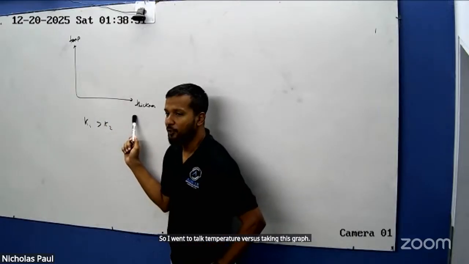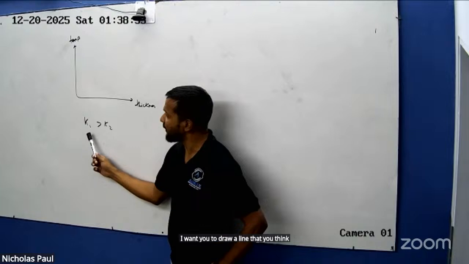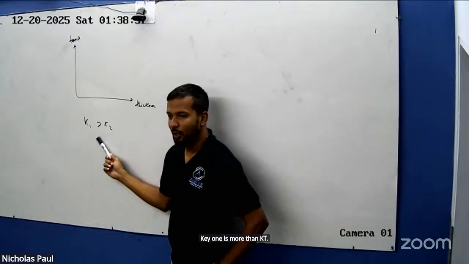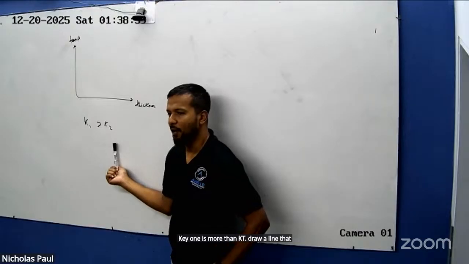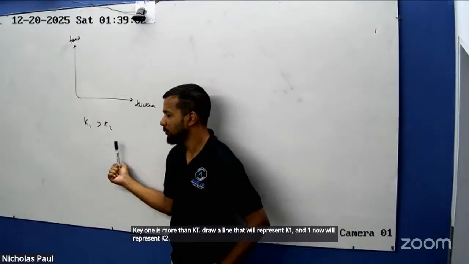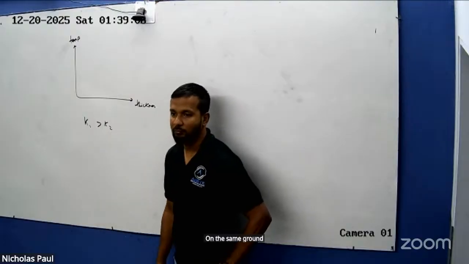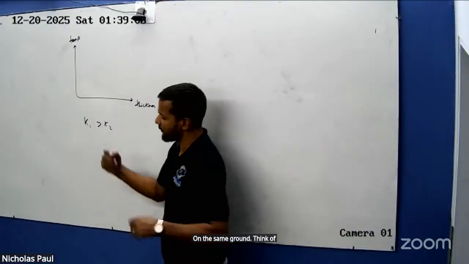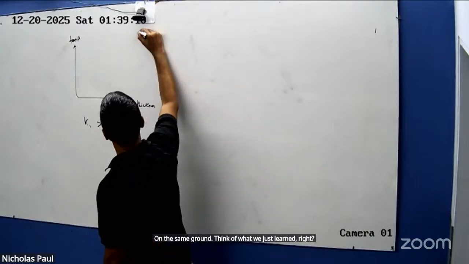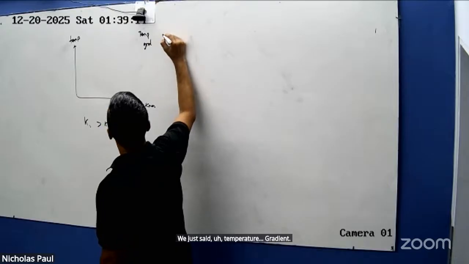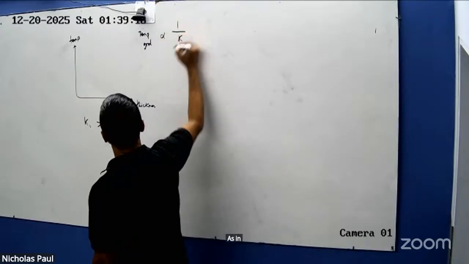I want you to draw a line that you think will represent K1. K1 is more than K2. Draw a line that will represent K1 and one that will represent K2 on the same graph. Think of what we just learned, right? We just said that temperature gradient is inversely related to K.